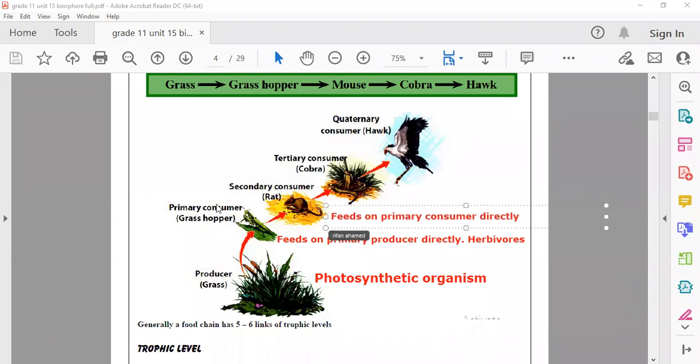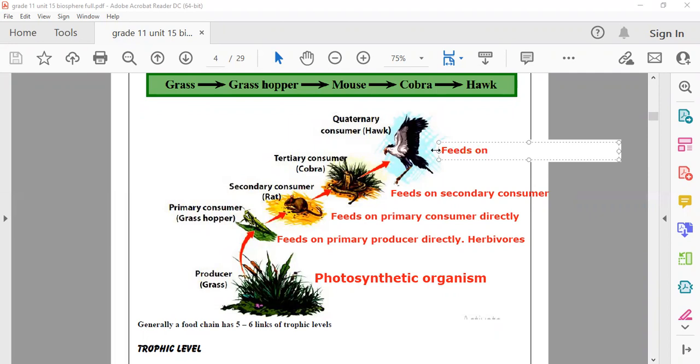The secondary consumer can be a carnivore, okay, and the one that feeds on the secondary consumer is going to be the tertiary consumer. The one that feeds on the tertiary consumer is the quaternary consumer.